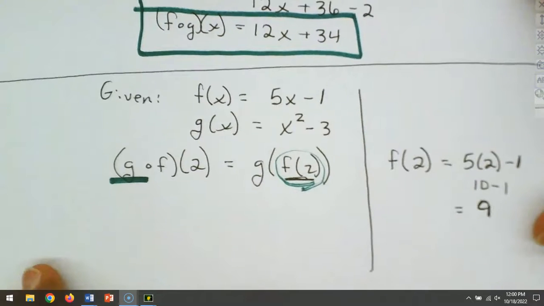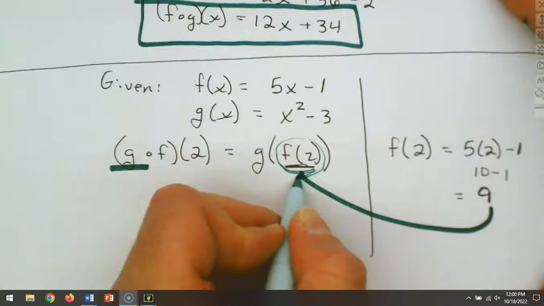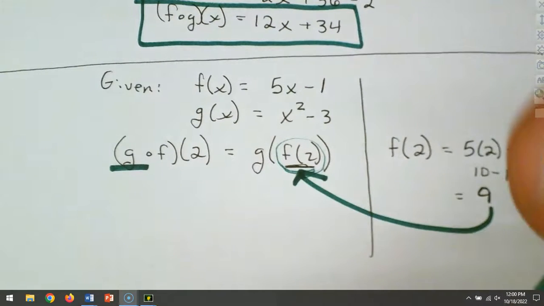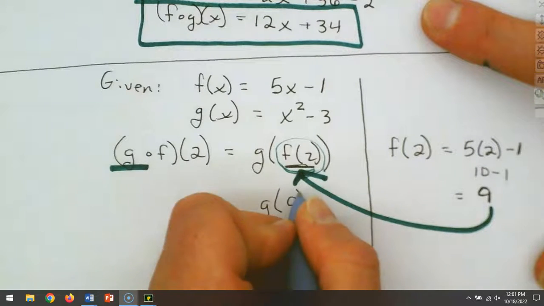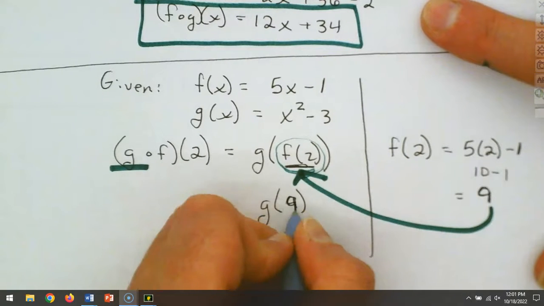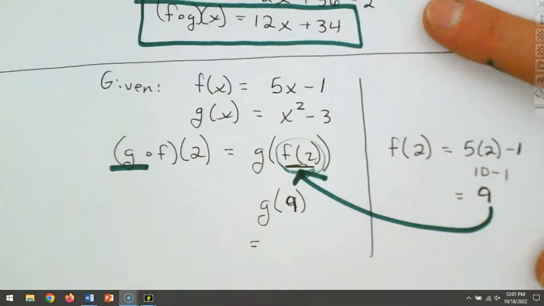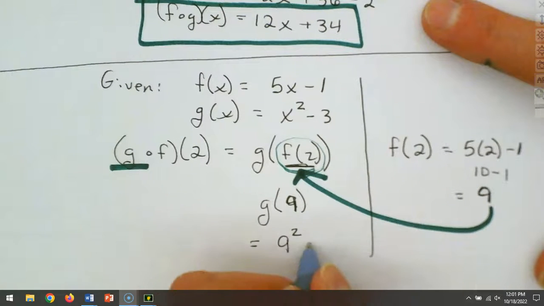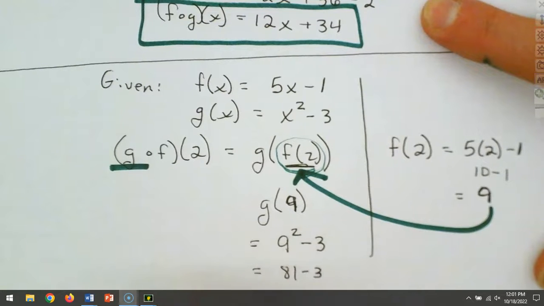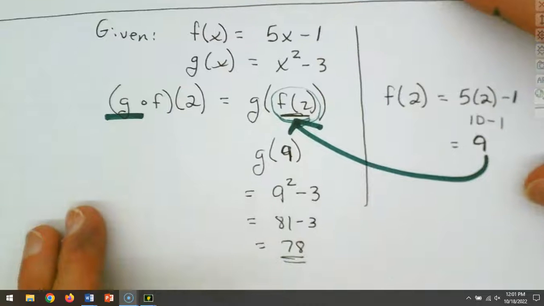So I evaluate it out, and I plug it back in. So now when I rewrite, I have G of 9. And what's G of 9? G of 9 would be 9 squared minus 3, which is 81 minus 3, which is then a 78, isn't it?